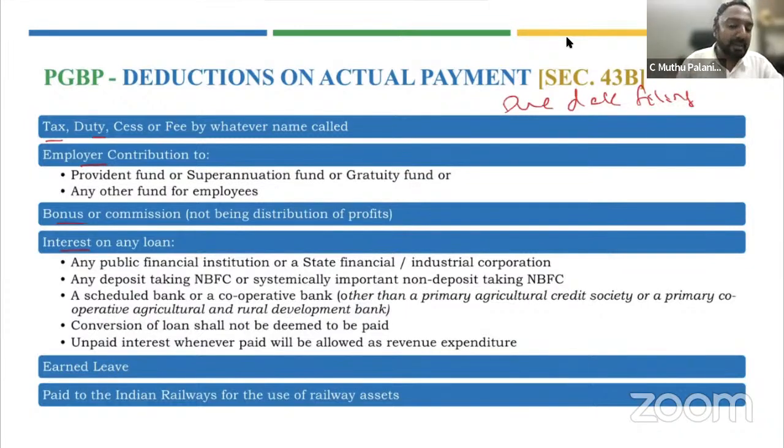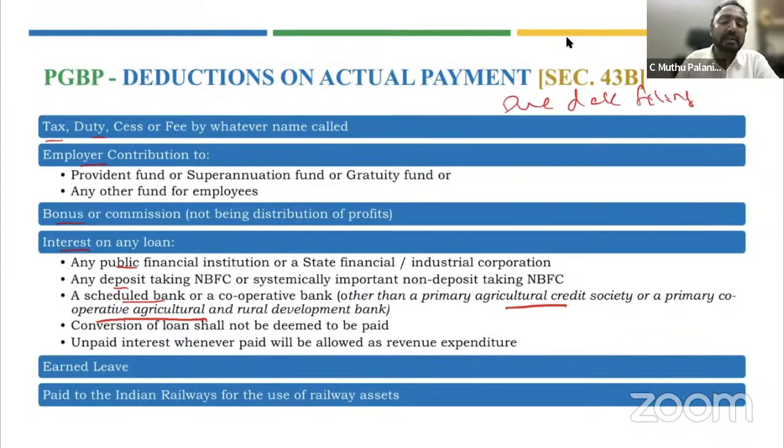Interest on any loan: when any public financial institution, state financial corporation or state industrial corporation has issued a loan, and the interest is not paid, or any deposit taken from an NBFC, a non-banking finance company, or a systematically important non-deposit-taking NBFC, and you are not able to pay interest, that is also covered. For a scheduled bank or a cooperative society, interest must also be actually paid, but it is still not applicable for agriculture credit societies, agriculture cooperative and rural development banks. Interest on any loan should be paid, only then it can be claimed.